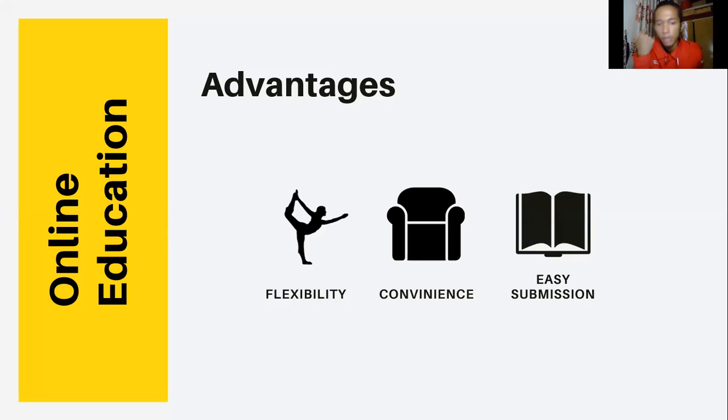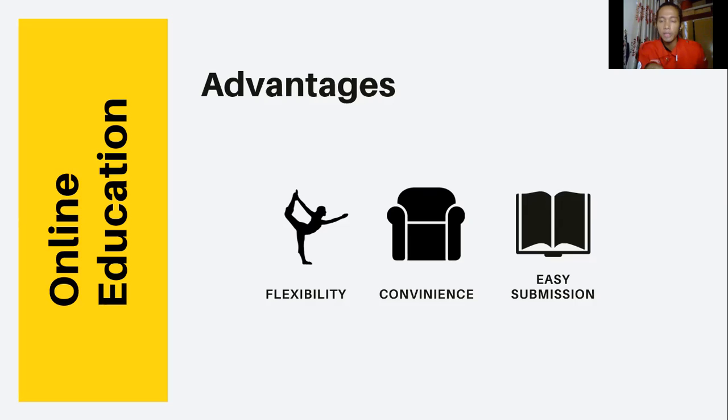First is flexibility. Online students can take their courses anywhere according to the schedule they choose. Whether they are working or working part time, they are still able to learn their courses because they choose their own schedule. The second point is convenience.